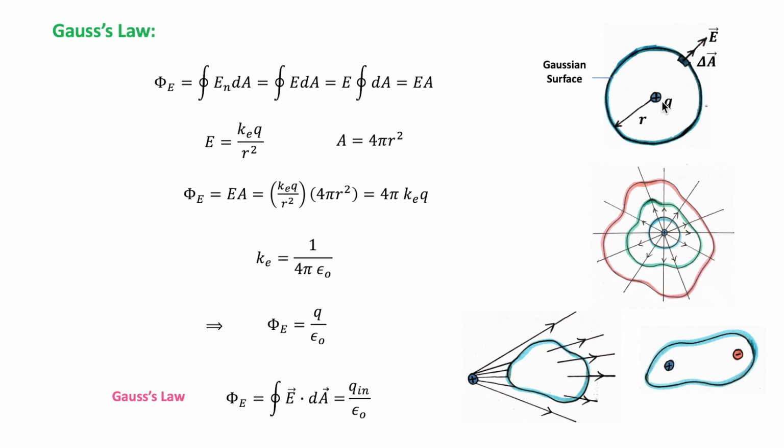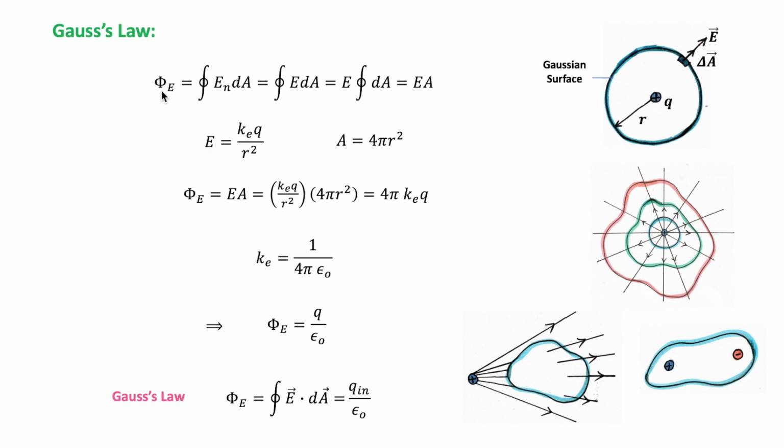So since the field lines of this point charge are directed radially outwards, right? So those field lines are perpendicular to the surface at each point. Okay. And also the magnitude of E over the surface is constant because each point on the surface is at the same distance from the point charge.